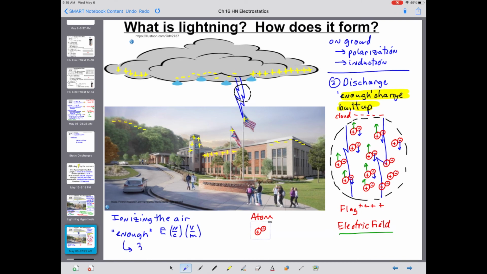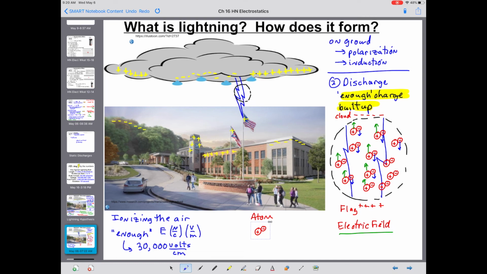Enough charge built up is basically when you have an electric field that is 30,000 volts per centimeter of distance. At that level, the atoms in the air will not be able to hold on to their outer valence shell electrons, and you will start to pull electrons off, and you get a charge flow.